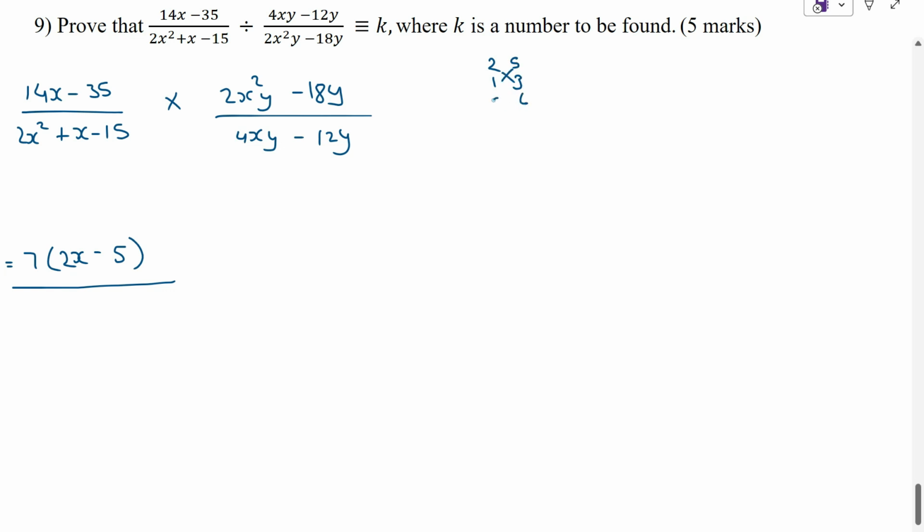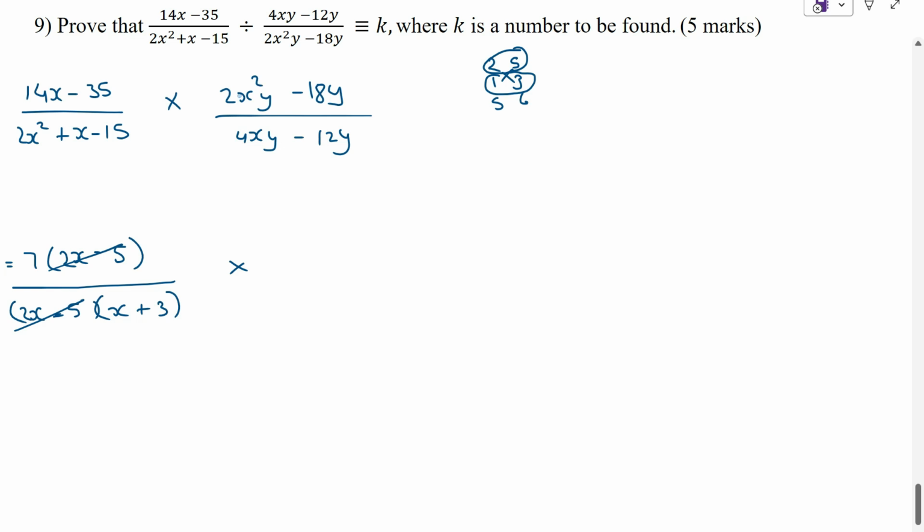So that's 6 and 5. So these two are our brackets. So we've got 2x and 5, x and 3, plus and a minus. So straight away, cancel these two out.